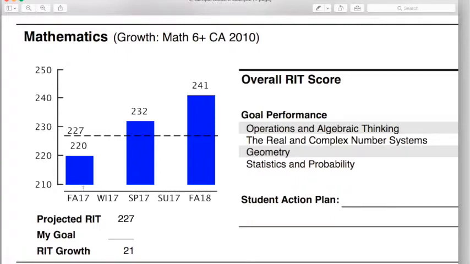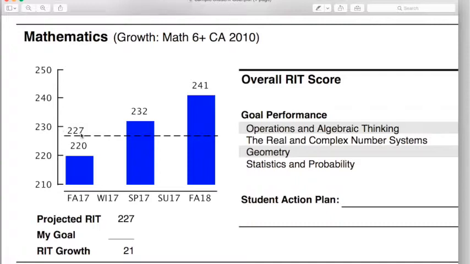So what you will see are three different scores there. These are the most recent ones: the one from last fall, last spring, and this fall. The scores are indicative of where the student is, relatively speaking, on the spectrum of mathematical understanding.